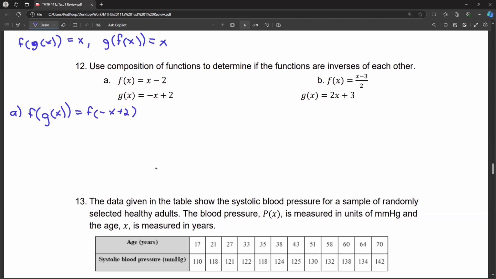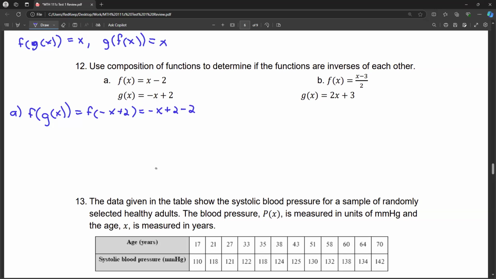I don't know if I said plus or minus there, but f of negative x plus 2 is what we were going for. And so I'm going to go ahead and take this expression, negative x plus 2, and plug it into the f function wherever there's an x value. So here the x value is out front. I get negative x plus 2. That's the expression I plugged in. And then I get minus 2.